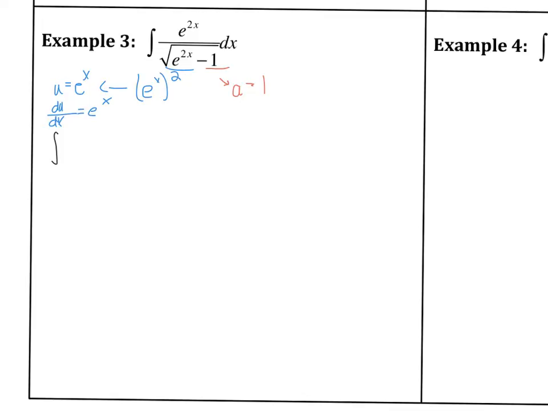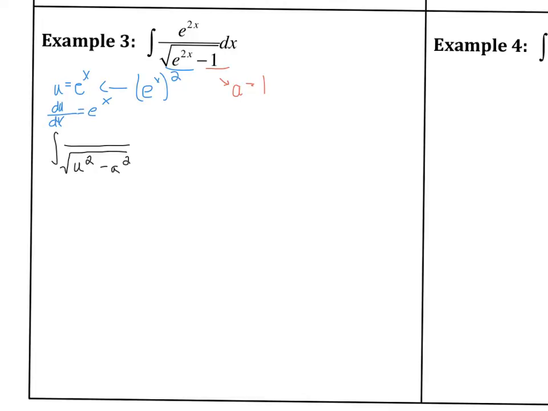If we start to rewrite, e to the 2x, I don't know what that is right now, so we'll leave that. Let's put in our radical, and then e to the 2x, that we are going to call u squared, and then minus 1, that will be a squared.